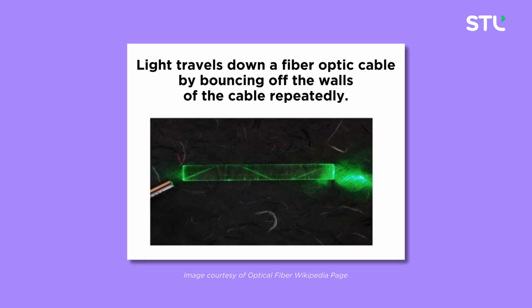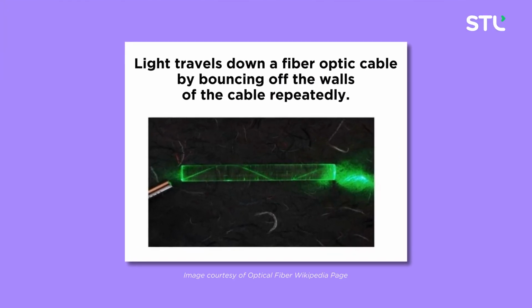It is equivalent to our human hair. It is that thin and it functions as a waveguide, like a light pipe. So basically, you put light at one end and it goes to the other end, like we put water in one end of the hose pipe and it goes to the other end. Similarly, optical fiber transmits light or signal in the form of light between two places.